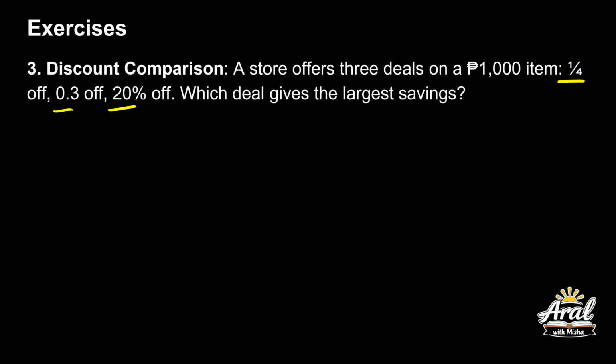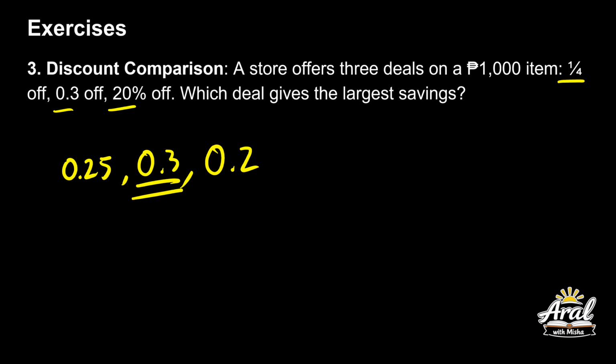So, gawin natin decimal. 1/4 is actually 1 divided by 4, that's 0.25. Then 0.3. Yung last 20%, that's 0.2. The biggest is 0.3. So, which deal gives the largest savings? It's the 0.3 off.